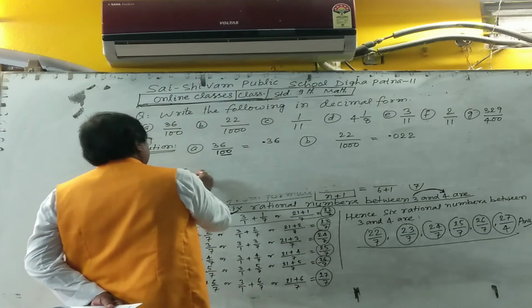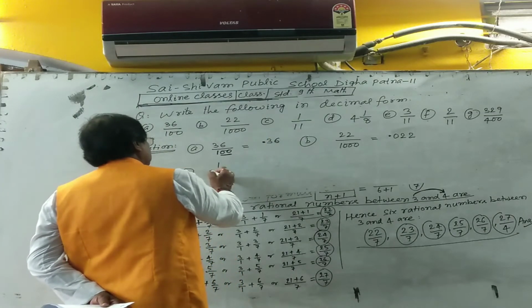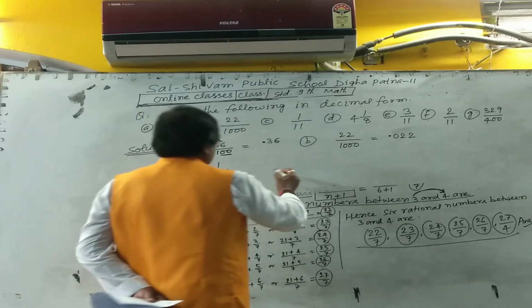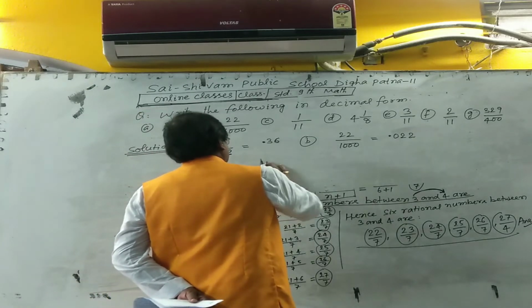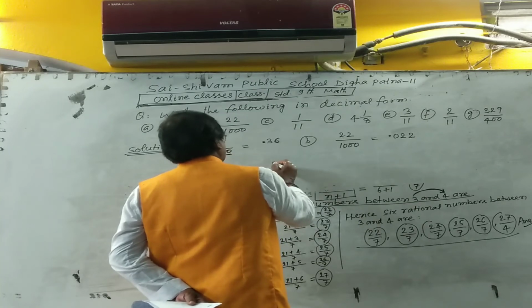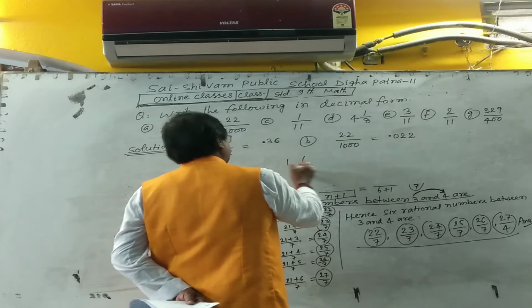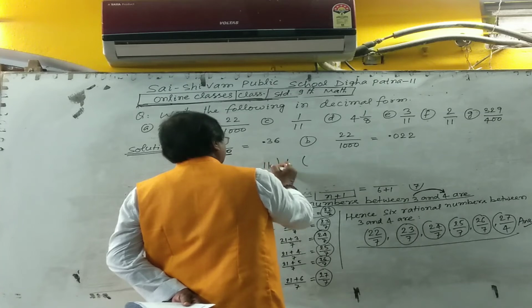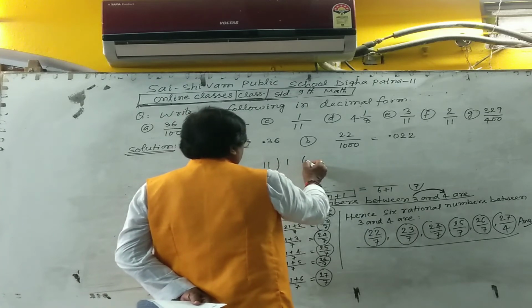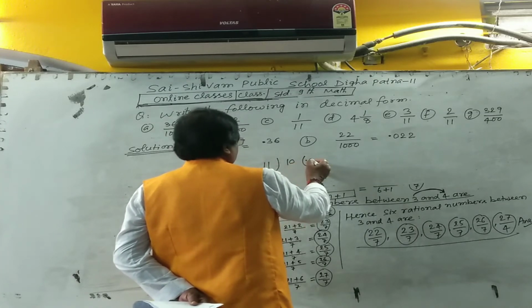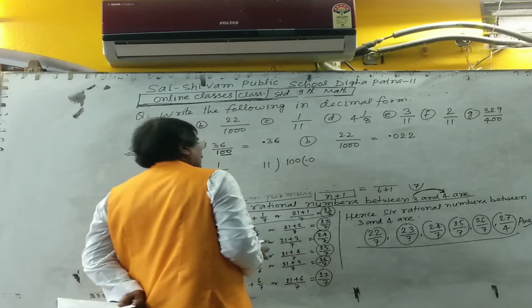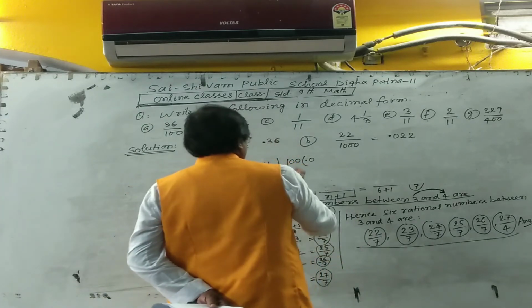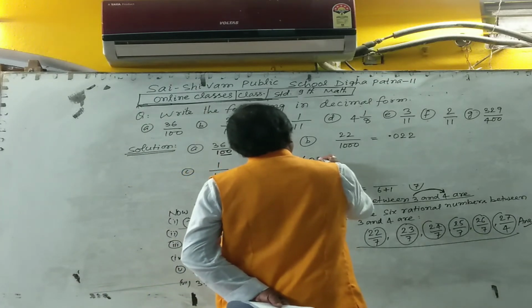But if there is no such zero, then you can divide like this. 1 is divided by 11. Put the decimal to get 0. Another 0 for another 0. Then multiply the number to get like 9.